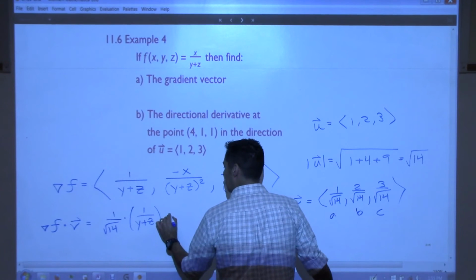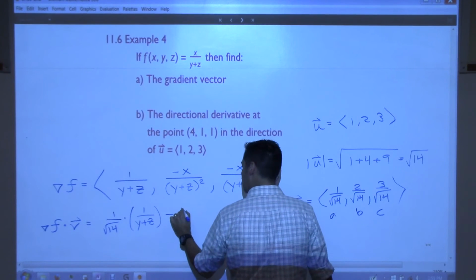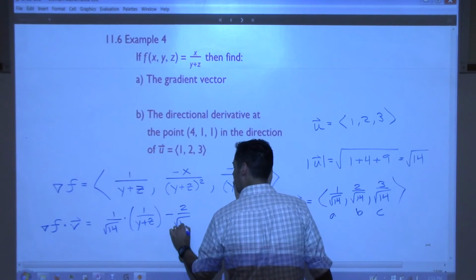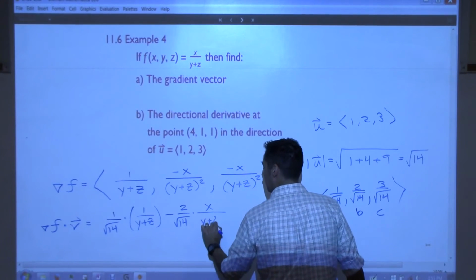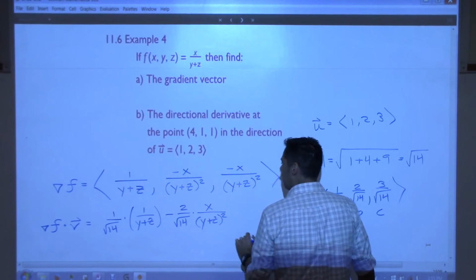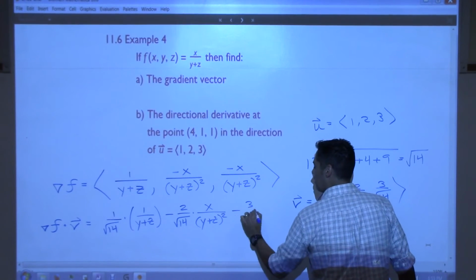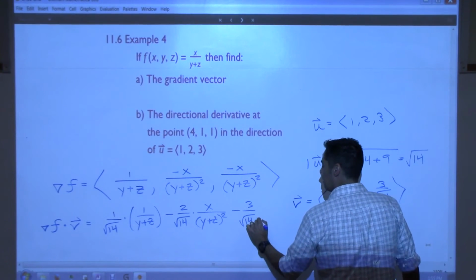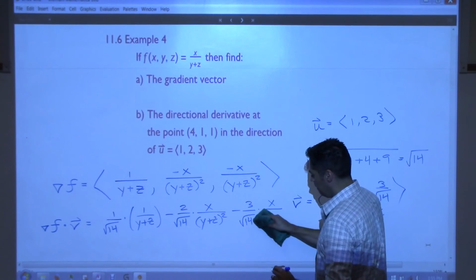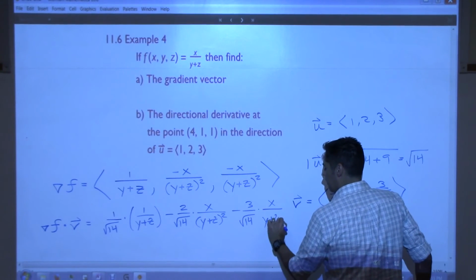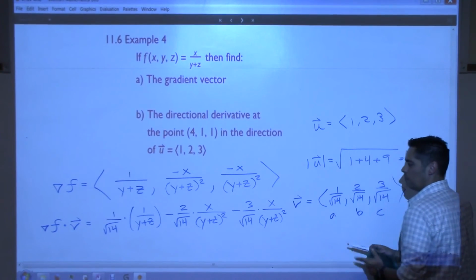And then this is going to be negative, minus 2 over root 14 times x over y plus z squared, and then finally minus 3 over root 14 times x over y plus z squared.